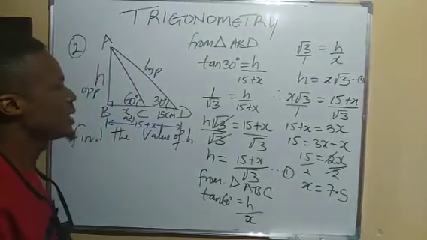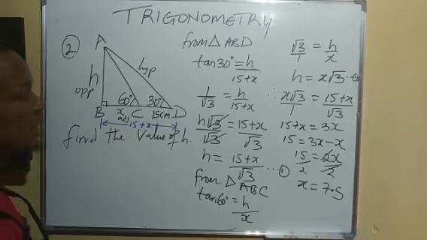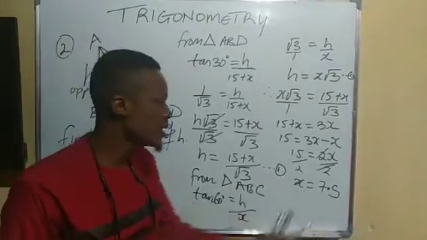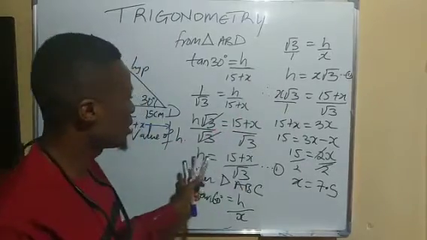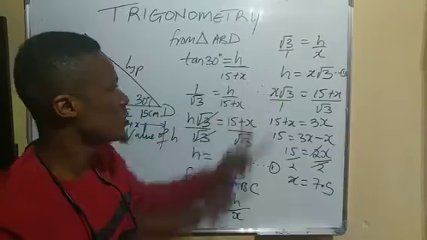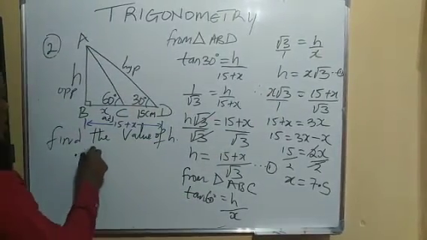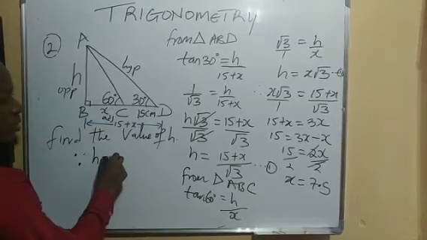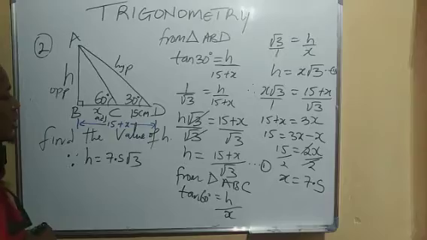But I'm not looking for x, I need to get the value of h because the question said we should get the value of h. But you've known that x is now 7.5. So we can use this equation 2 or equation 1 to get the value of h. But it will be simpler if we use equation 2. So therefore, I can write that h, which is equal to x sub 3, but x is now 7.5 sub 3, okay?